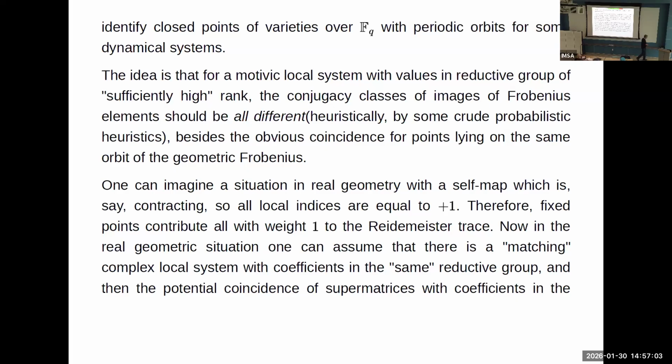Maybe it's the fundamental group of something, and then we have a self-map of some completely unrelated space which has the same numerology, and assume that for this actual dynamical system, all fixed points have multiplicity 1.